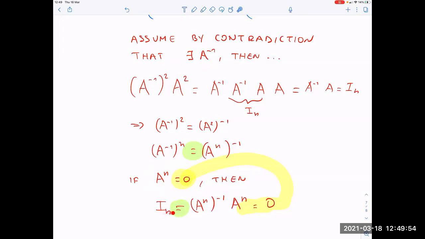So it is the identity, because I proved that the inverse exists by the green statement. But when I multiply 0 by anything, I get 0. So you get the contradiction, I_n equals 0. And this is the contradiction, right?